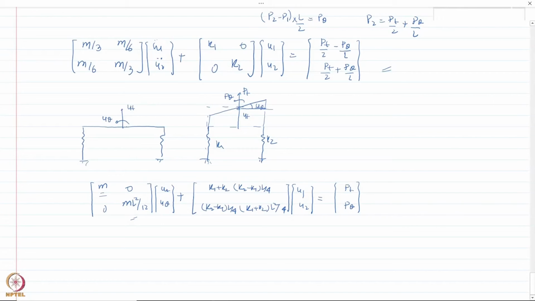However, because now the degrees of freedom are not defined along the springs, we get a non-diagonal matrix for the spring, and the force vector, because the degrees of freedom are along the force, we directly get as pt and p theta. So we get two different equations, although they are not exactly different, depending upon the degrees of freedom that we have defined. I'll come back to that.